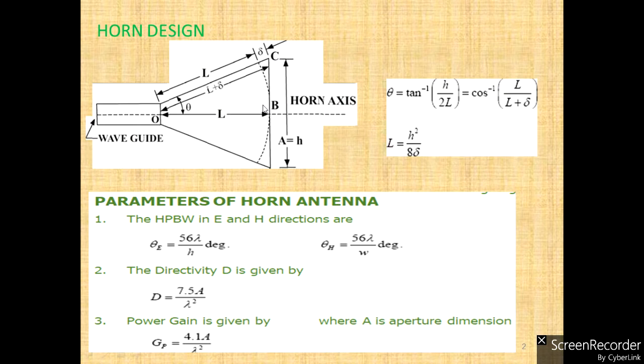Then directivity we can calculate with the formula 7.5 into A by lambda square, where A is the aperture. And then the power gain is given by 4.1 times A by lambda square, where A is your aperture dimension, which has been taken as small h here. This is about the design of horn antennas.